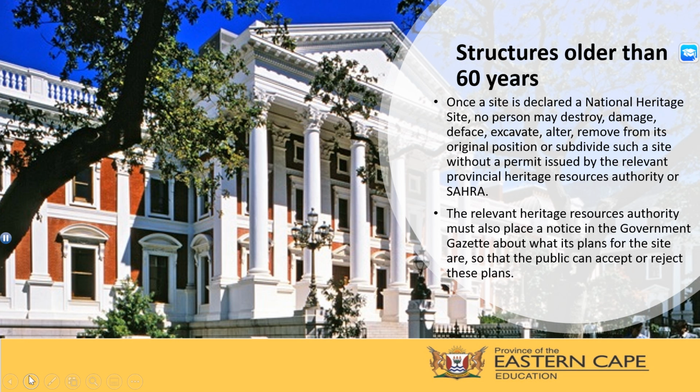Now, the Government Gazette is a document that comes out with official government announcements, and if the relevant Heritage Resources Authority places a notice about a particular heritage site in the Government Gazette, they must indicate what their plans are for the site, and then there is also an opportunity for the public to accept or reject those particular plans that are published in the Government Gazette.